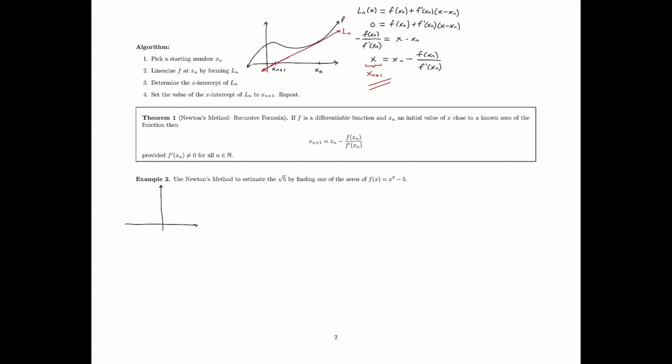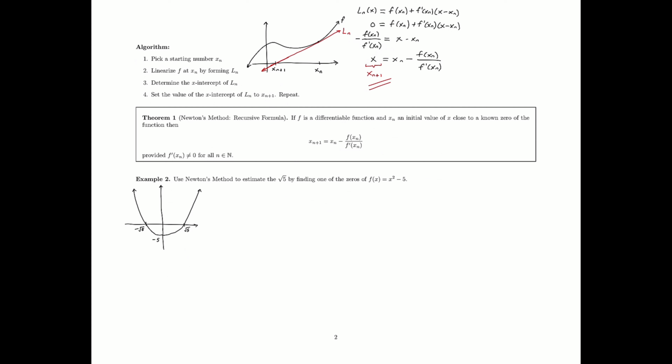So here's our graph, and our parabola does something like this. Okay, this is -5 right here. So that means these values are negative root 5, and this is positive root 5. Okay.